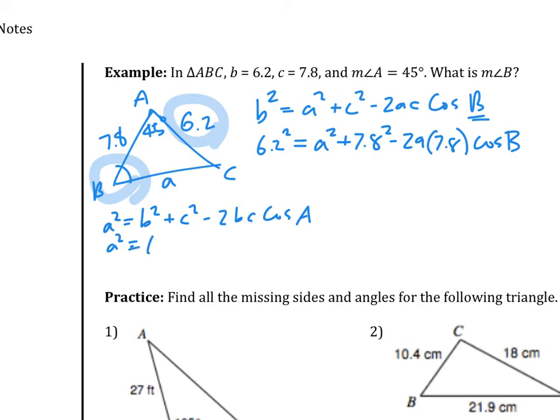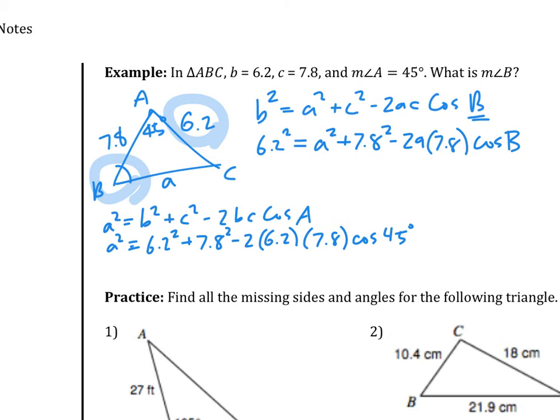Side b is 6.2 squared plus side c is 7.8 squared minus 2 times 6.2 times 7.8 cosine 45. So we've got all the information we need to solve for side a, and that's actually the first thing we need to do, because we need to take that information and then plug it into that other equation where we couldn't solve to find cosine, to figure out angle B.